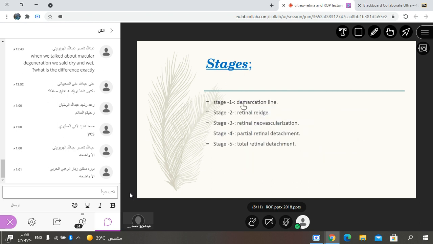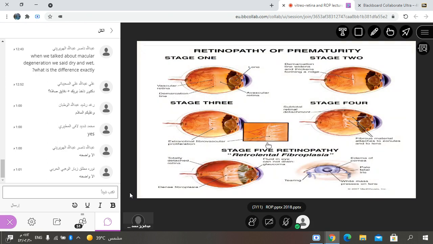Stages. Stage 1, demarcation line. Stage 2, retinal ridge. Stage 3, new vascularization. Stages 4 and 5 are detachment. This is partial detachment, this is total detachment, and this is an illustration of it. So this is stage 1, demarcation line. Stage 2, there is a thickening of this demarcation line.